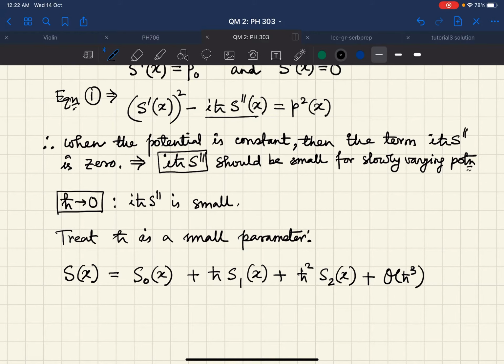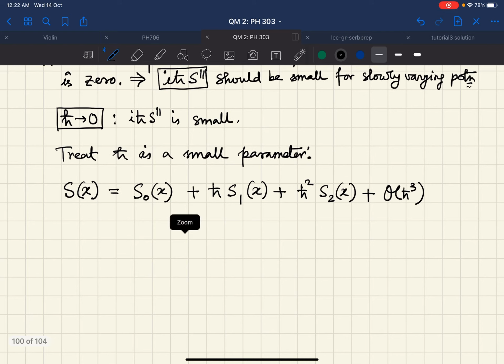Now we look at one thing. We have already said that S of x has to have the dimension of angular momentum because it has to have the unit of ħ. It cannot be anything else because the exponential i by ħ into S should be a dimensionless quantity, and ħ has some dimension, and that dimension is the dimension of angular momentum.